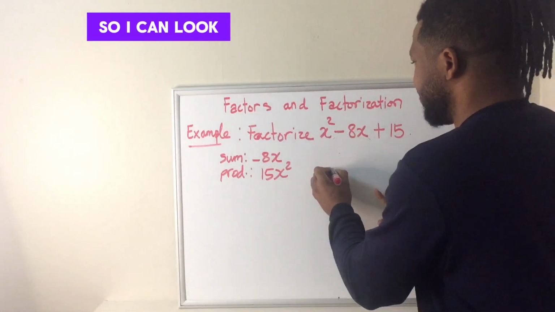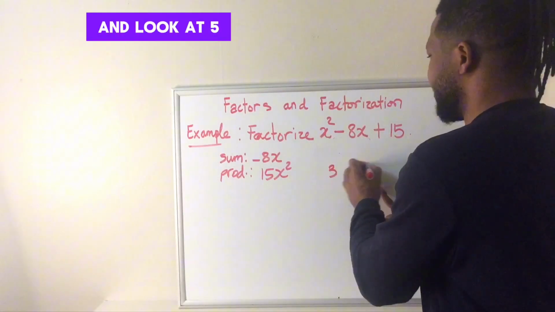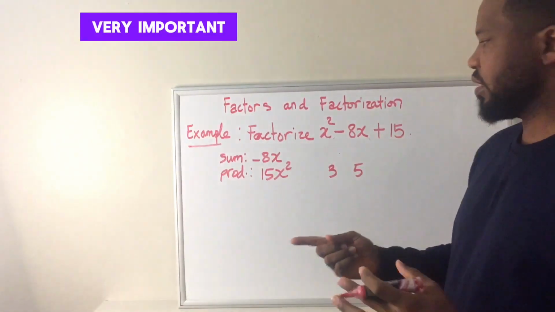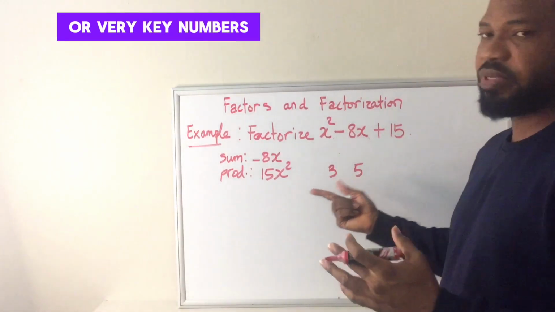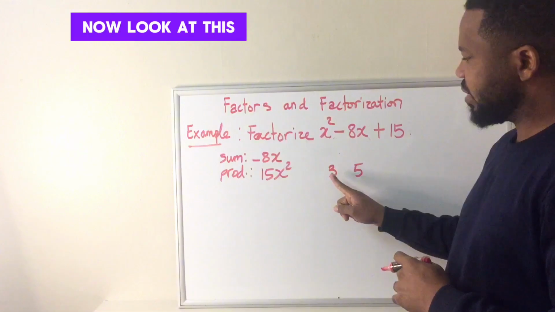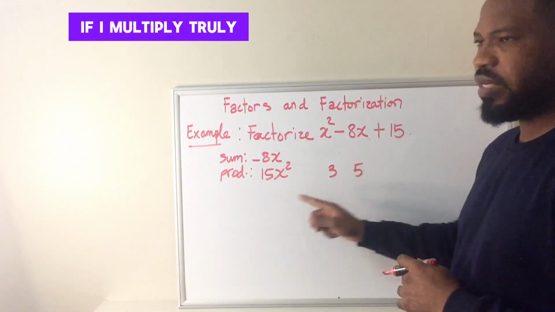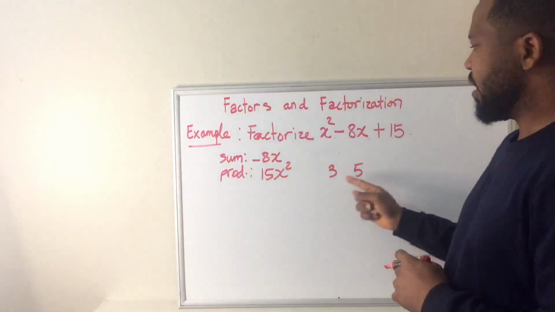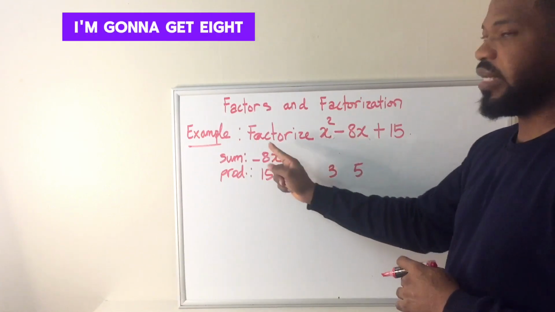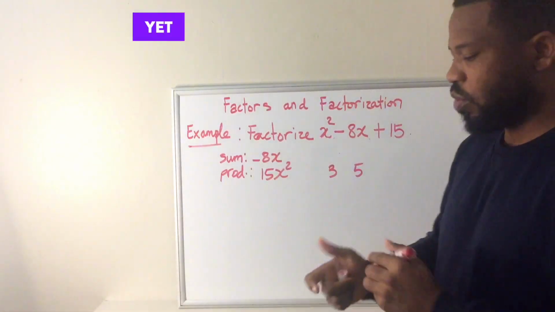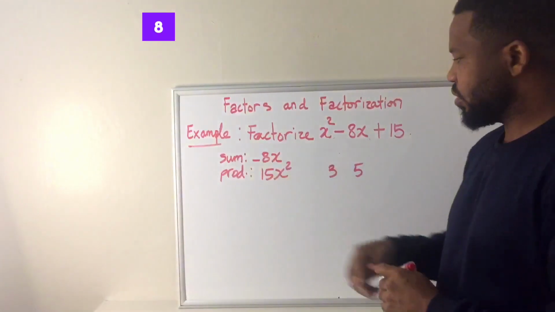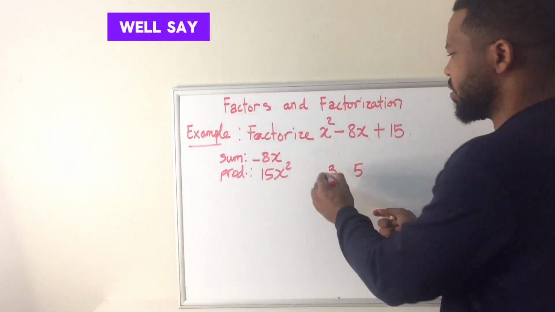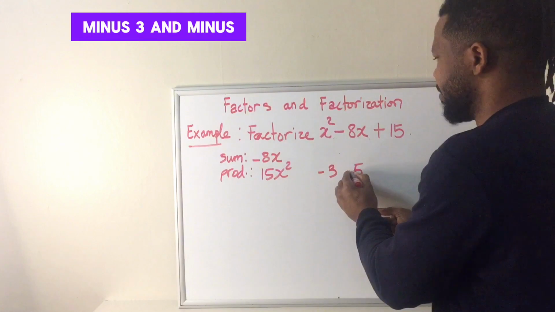So 3 and 5 are very key numbers to start with. If I multiply 3 and 5, I get 15, and if I add, I get 8. But we're not there yet. What we truly want is negative 8. So I can as well say minus 3 and minus 5.